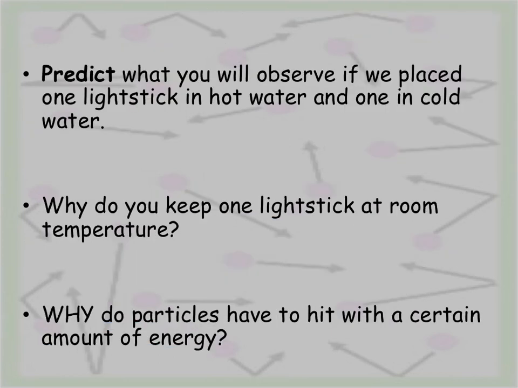All right, now, what do you think would happen if I took a light stick and I placed one in hot water, and then one in cold water, and then left one at room temperature? Okay, let's think about this. So if it's in hot water, the molecules move faster, right? So we would expect it to glow brighter because your reaction is increasing, okay?